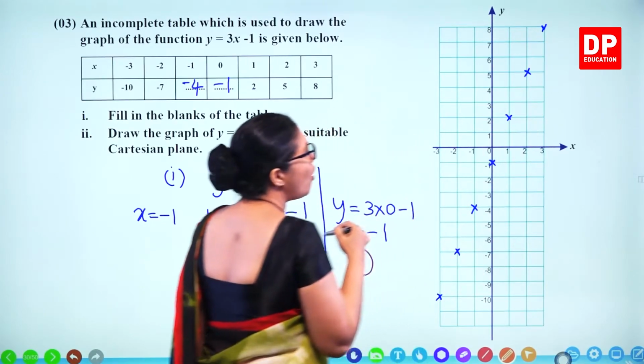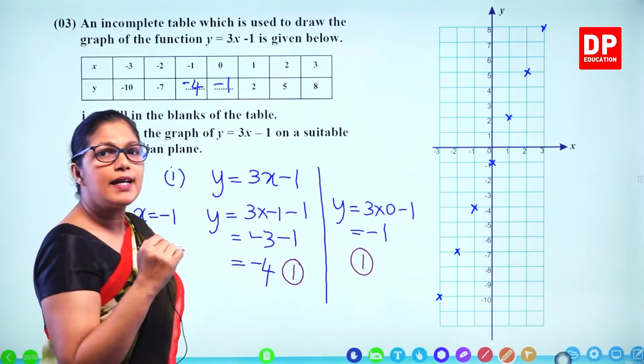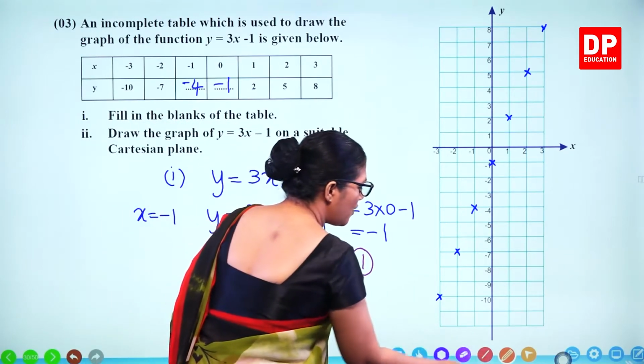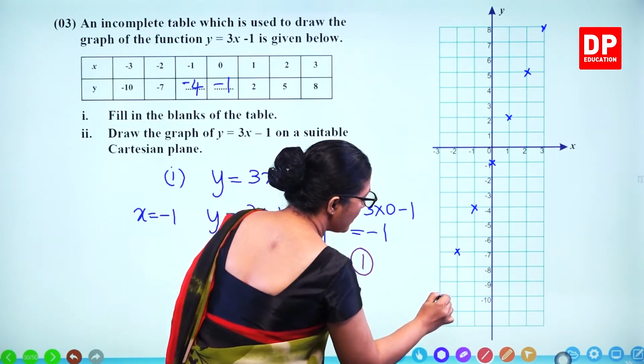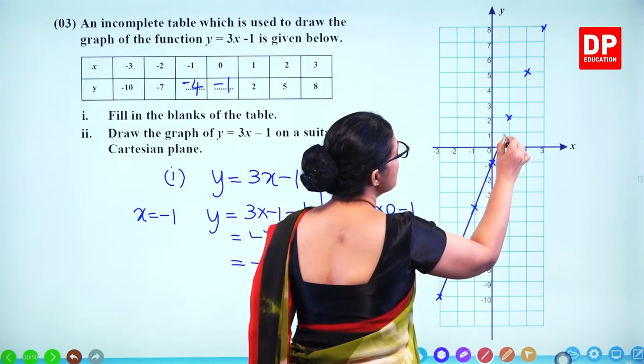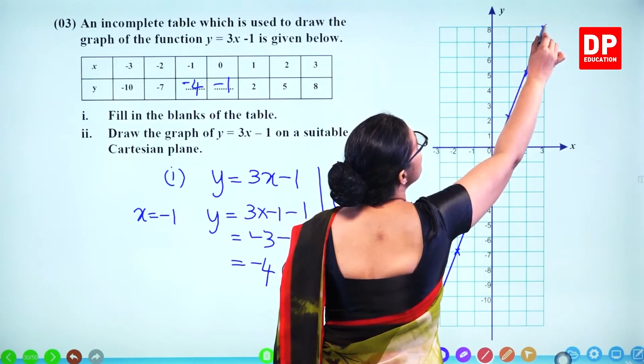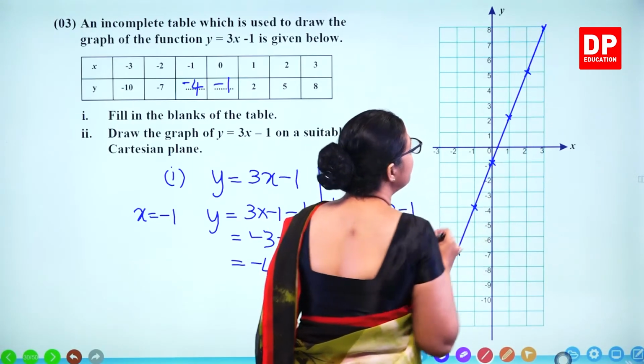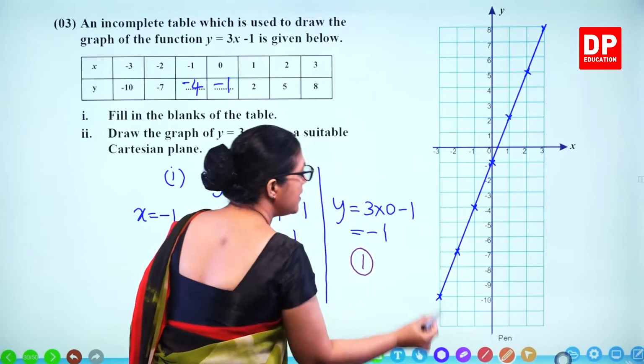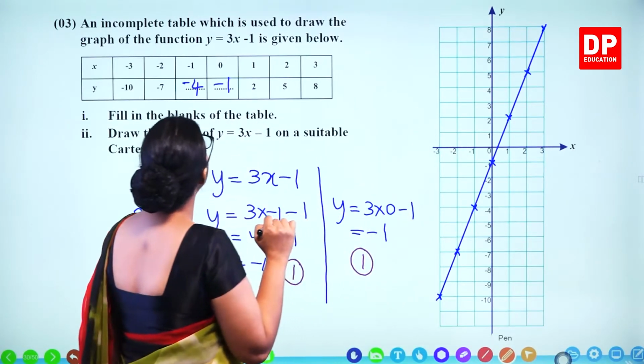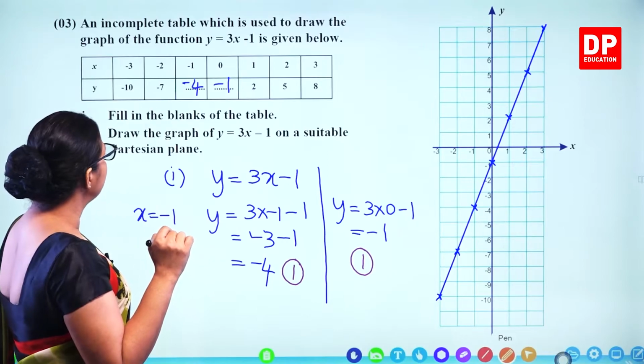So you mark all the points and connect. Take the ruler and connect all these points up to here. So this line is y equals 3x minus 1.